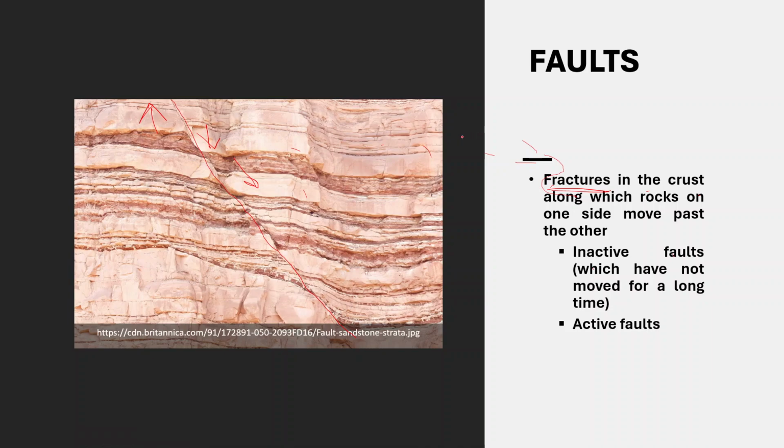And for those in which the movement is constantly taking place, people study it using GPS instruments. You cannot go and measure it with a scale, right? So people place GPS instruments in different places where they know the fault line is present, and periodically take the data and see at what rate the movement is happening.